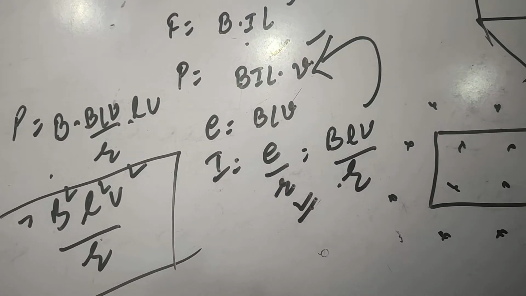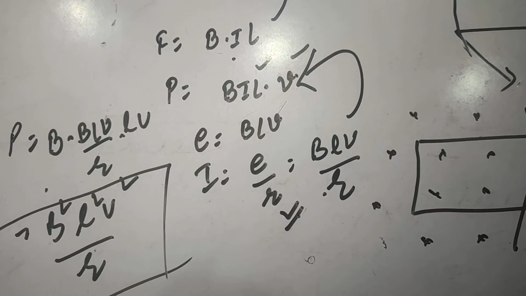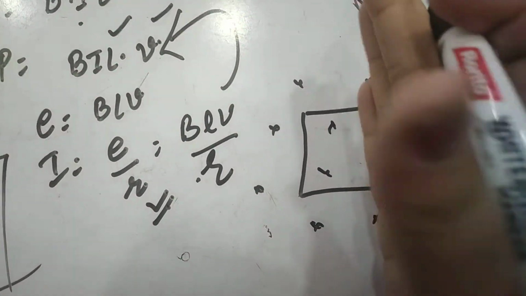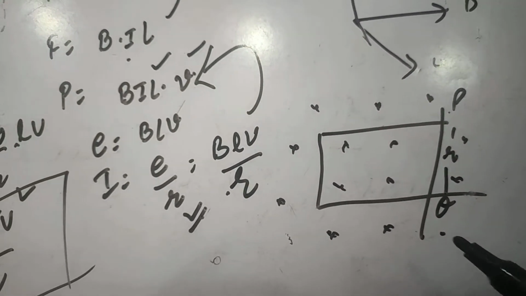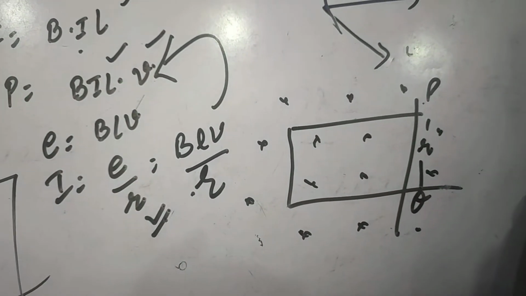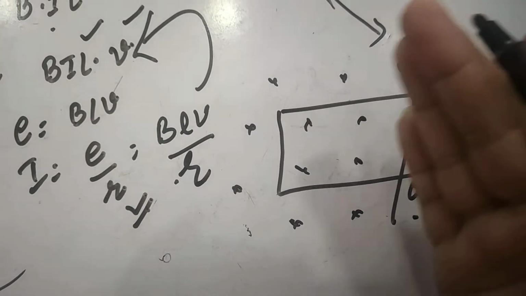Now, what if we are moving the conductor mechanically in a uniform magnetic field? Let us calculate the power dissipated in that case, when the conductor is pushed mechanically in a magnetic field.